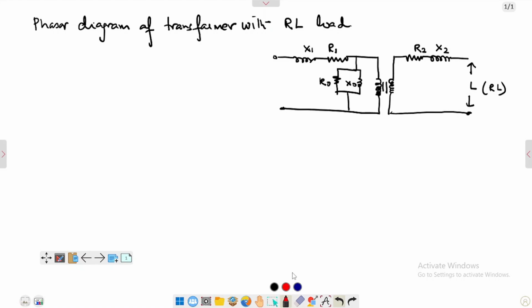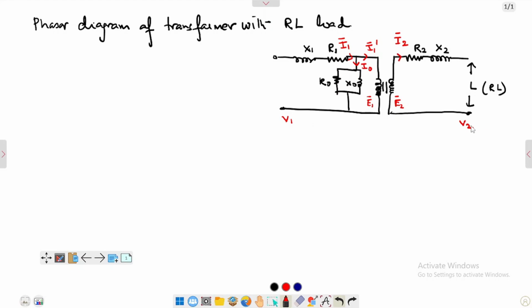Now the current flowing to this part, I will name it I1 prime, and the current flowing to this part is my I1, and the current flowing to this one is no load current, that is I0. The current which is flowing through here is I2, and the voltage EMF here is E1, and this is E2, and this is my V1, and this is my V2.